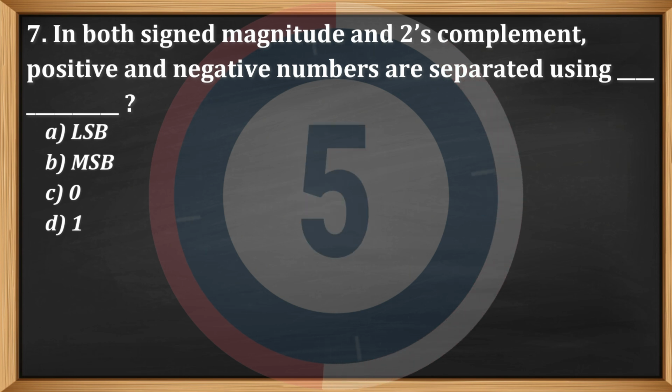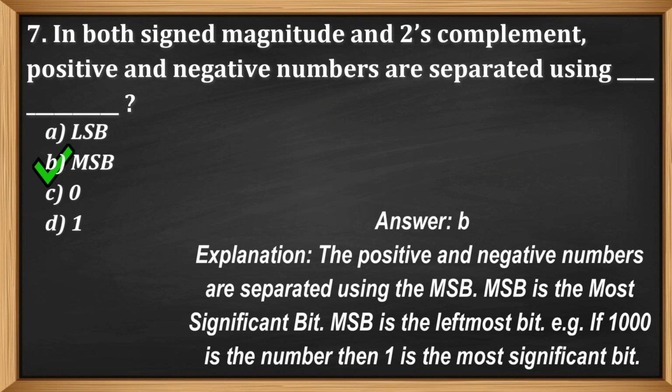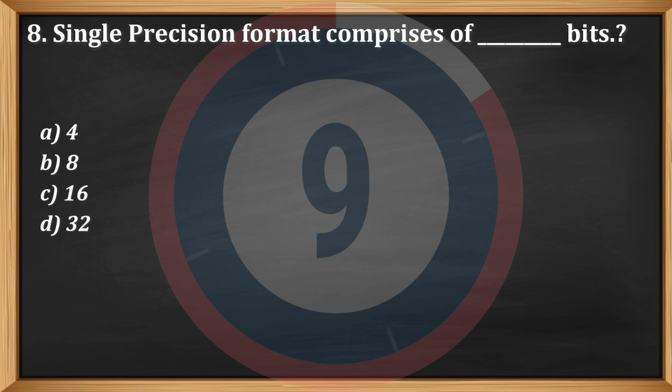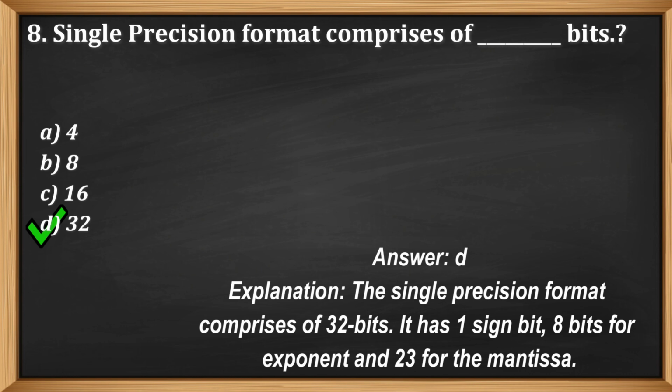In both sign magnitude and 2's complement, positive and negative numbers are separated using option B, MSB. Single precision format comprises of dash bits. Option D, 32.